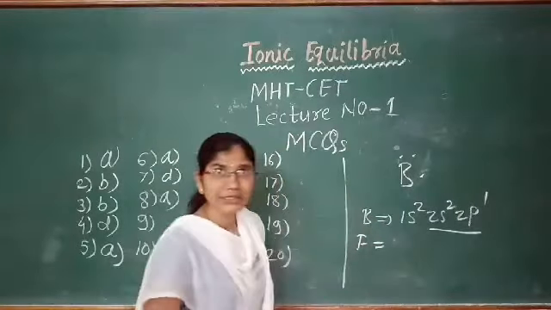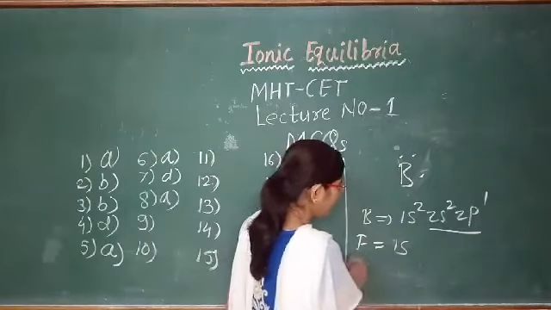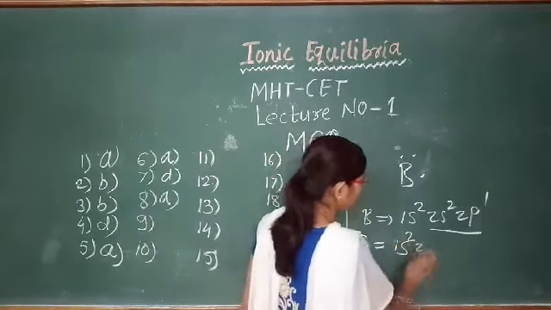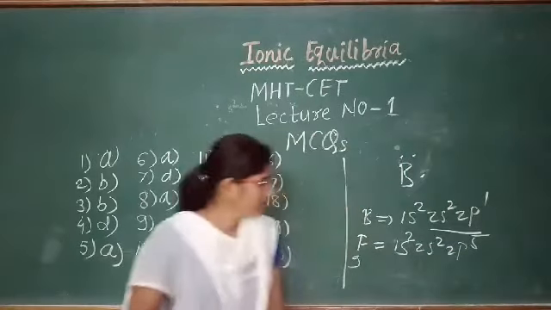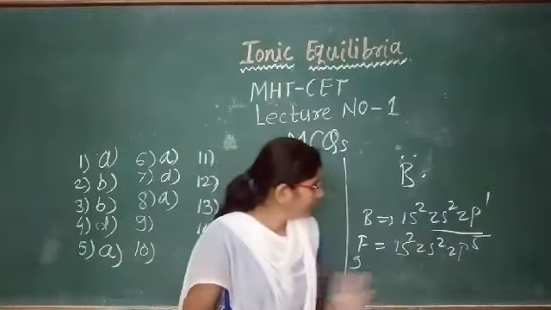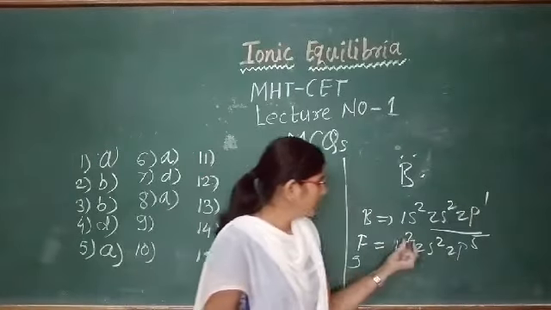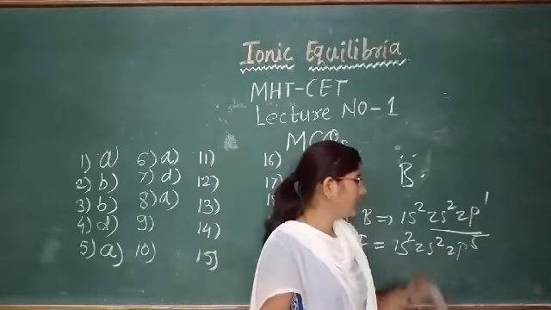fluorine, which has 9 electrons, that means 1s2, 2s2, 2p5. Fluorine has electronic configuration 1s2, 2s2 and 2p5.